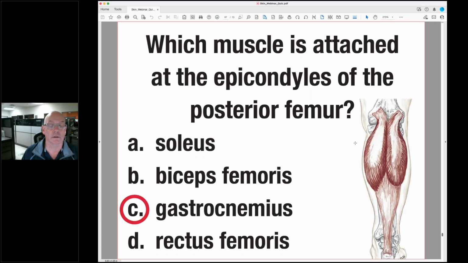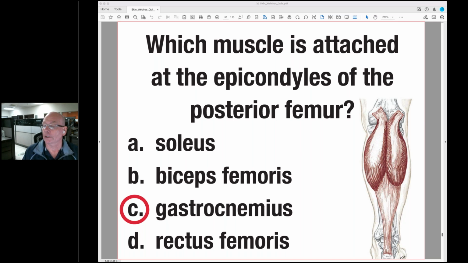So here, remember the muscles attached to the epicondyles of the posterior femur. That's right here. Remember that condyles are these bumps. Epicondyles are just above them. That is gastrocnemius. Hopefully that makes it clearer when you see this picture of coming up here to the posterior epicondyle of the femur. Okay, good.